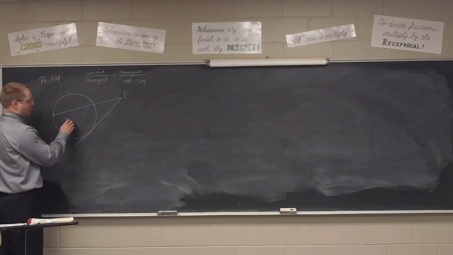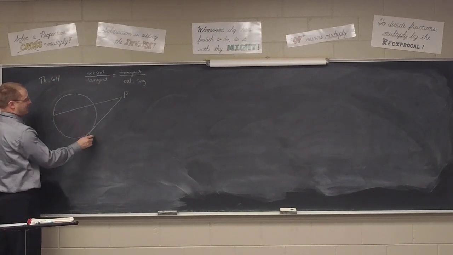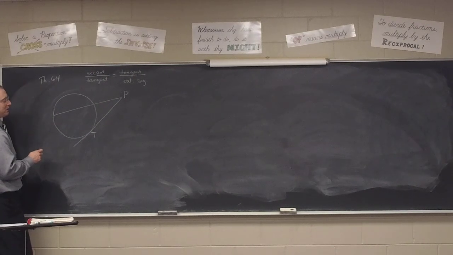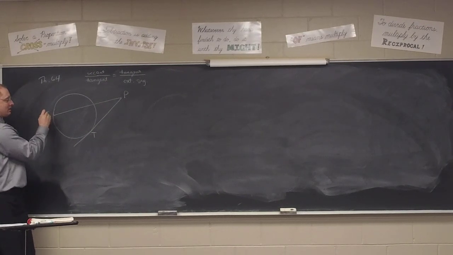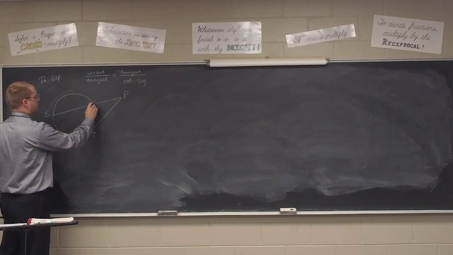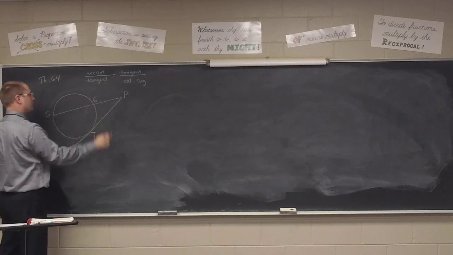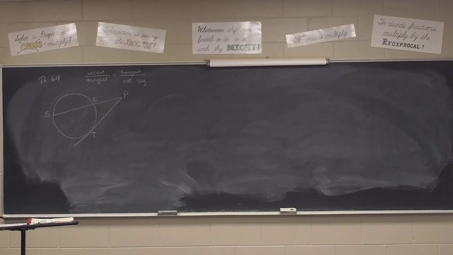Go and draw a circle. We don't even have to necessarily name it, but call the tangent PT. And let's call the secant PS. And let's go and just name this point here G. G doesn't get used very much.